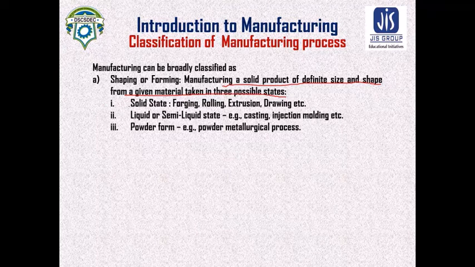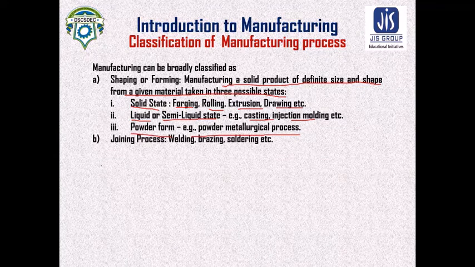If the raw material is in solid state, then the operations are forging, rolling, extrusion and drawing, etc. If the raw materials are in liquid or semi-liquid state, then the processes are casting, injection molding, etc. And if they are in powder form, the process will be powder metallurgical process.